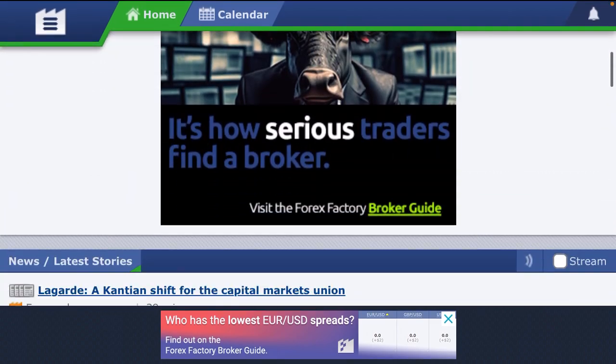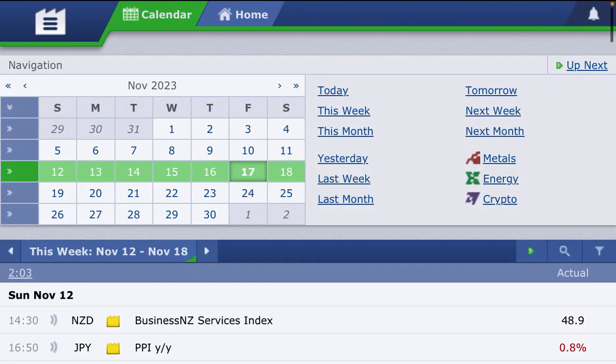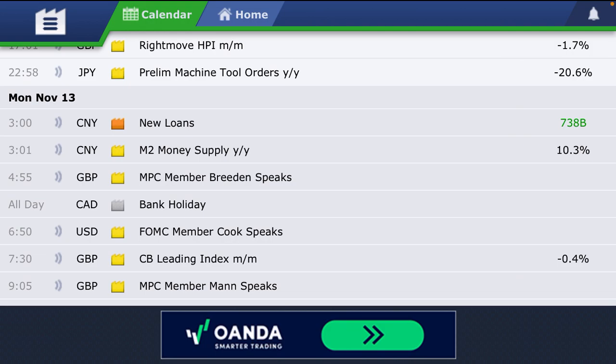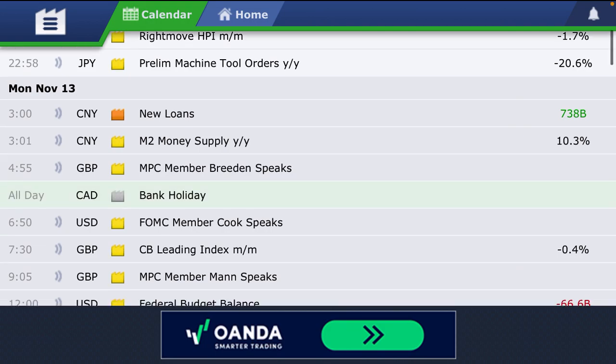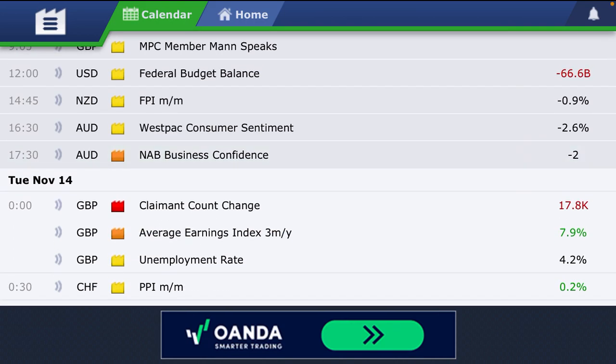But this is good because it shows all the... Go to the calendar. It shows all the news, and it tells what time the news event happens, because these red ones cause the market to really go up and down real fast, 100 pips at a time, 50 pips at a time.